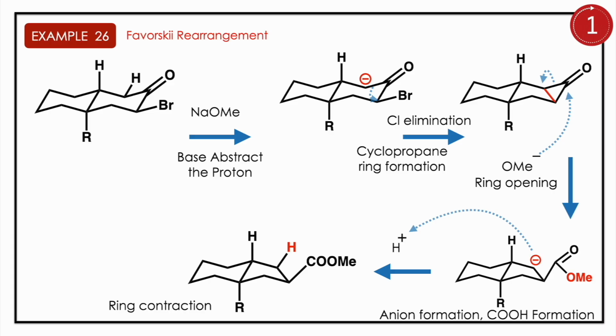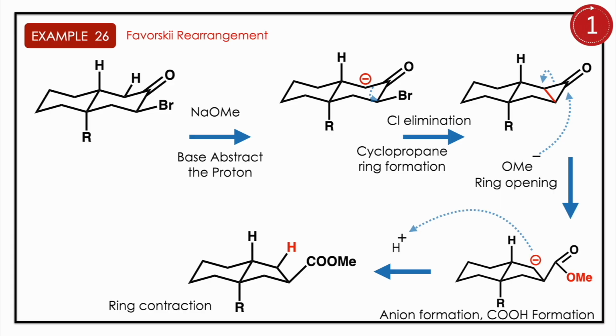It attacks the bromine carbon because bromine is a good leaving group. The attack leads to the cyclopropanone. You create strain in the system, and then the strain should be relieved. So methoxide attacks through nucleophilic addition, which forms an anion with ring contraction. The anion is quenched by H plus. You end up with the final product.